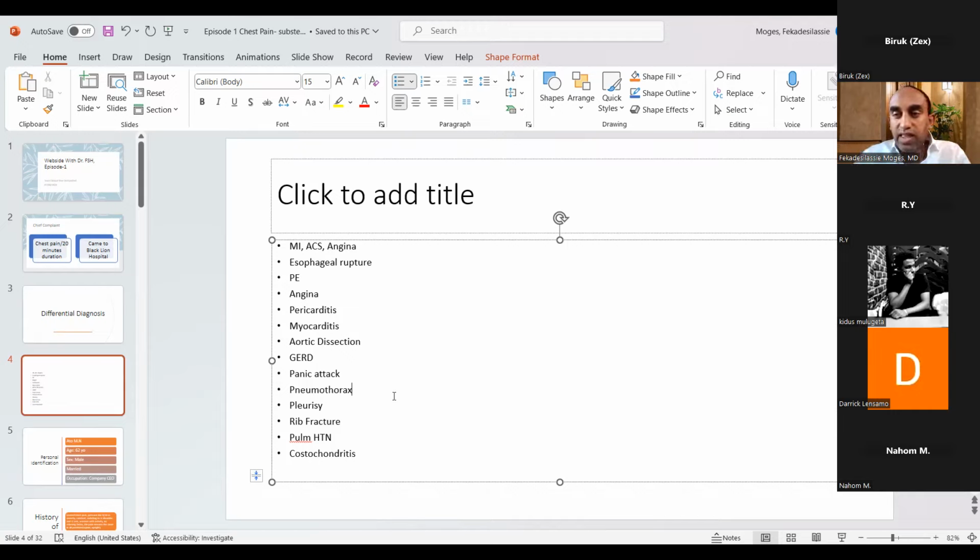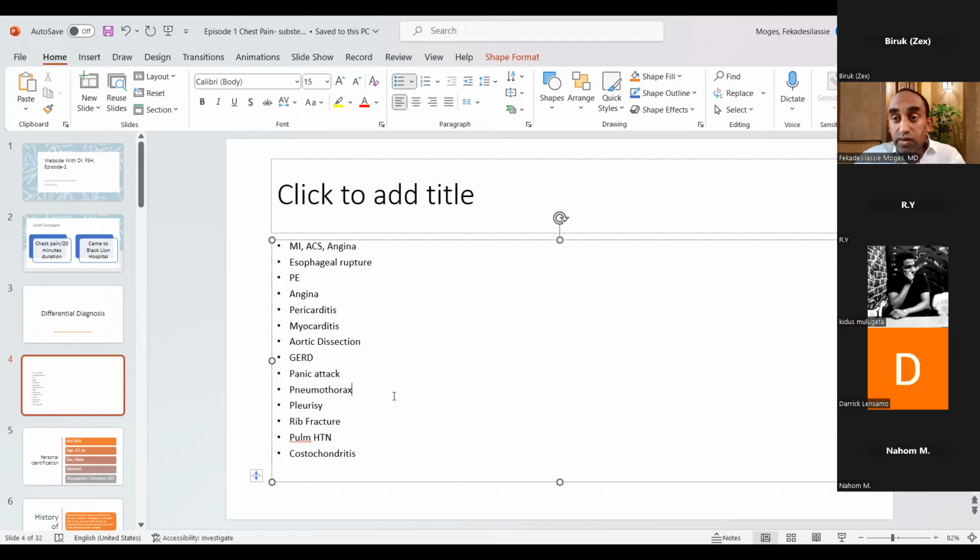Excellent. Panic attack is a possibility, because, especially those of you who have been through psychiatry know, most of the time these people feel as if they're about to die. They may have some degree of shortness of breath, an acute chest pain, chest tightness and all that. So they may feel they are having a heart attack and they may come to you.